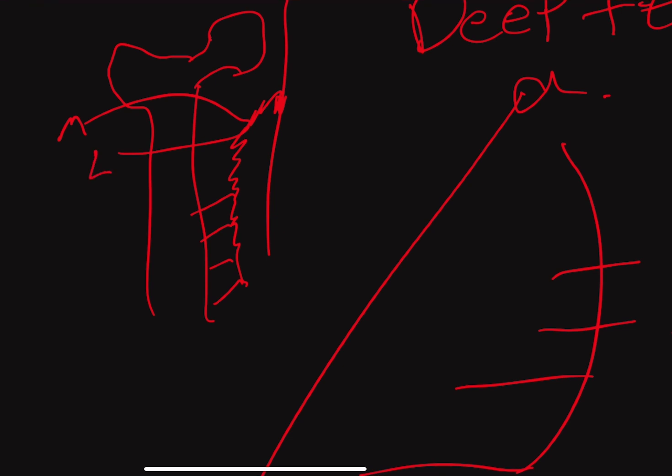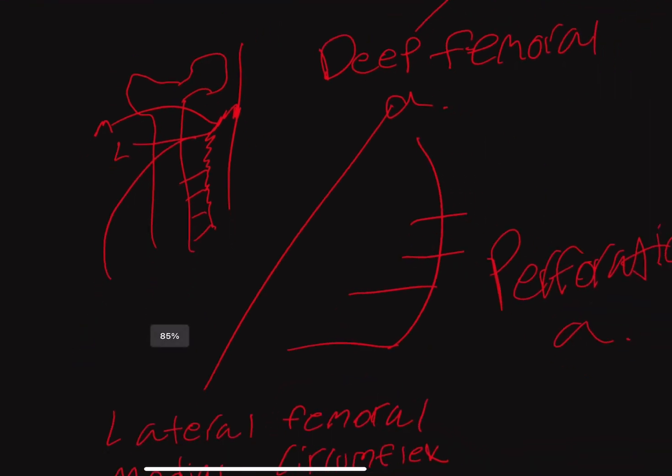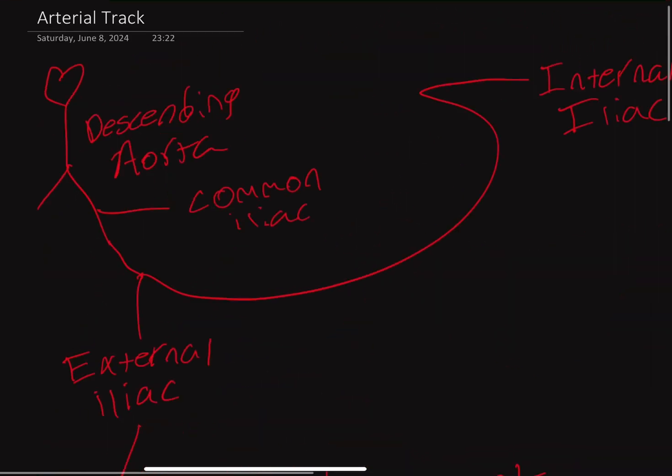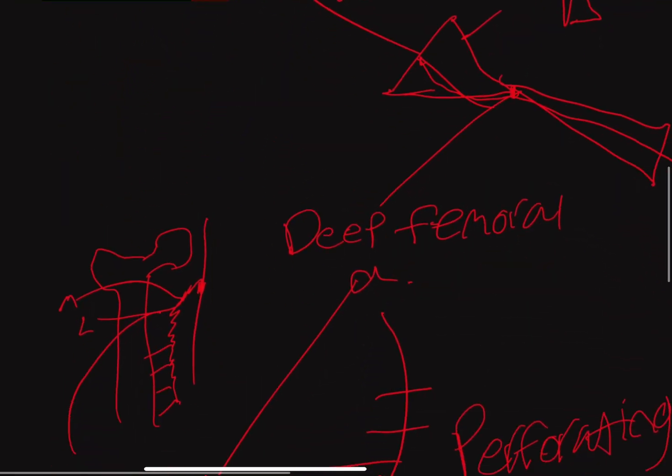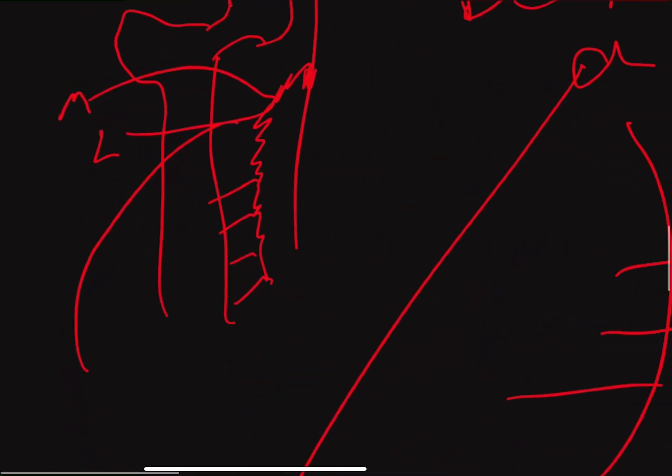This lateral circumflex is going to have a branch. It's going to run down, and I'm going to do that in a different color. Delete that. I'm going to do this in a different color. We'll do green.